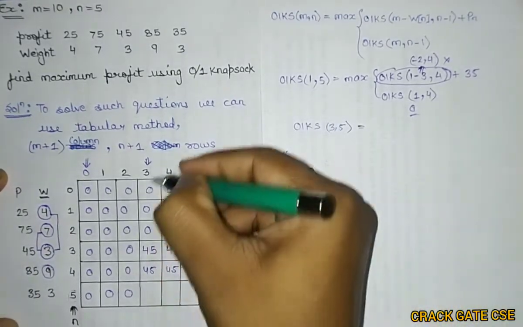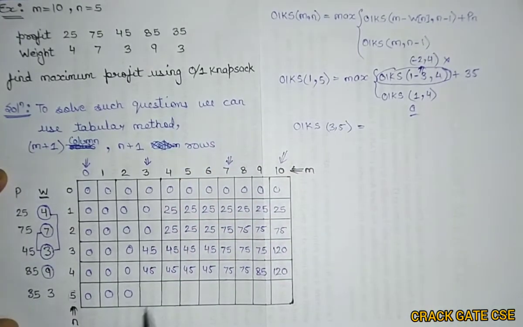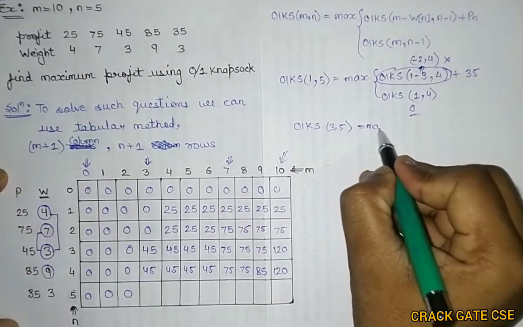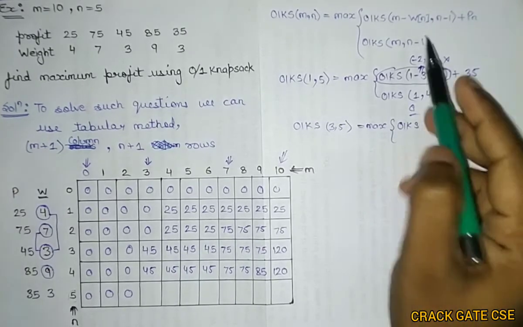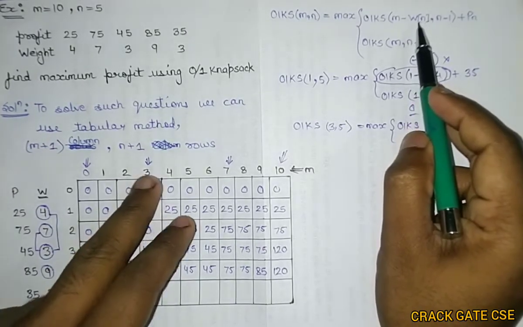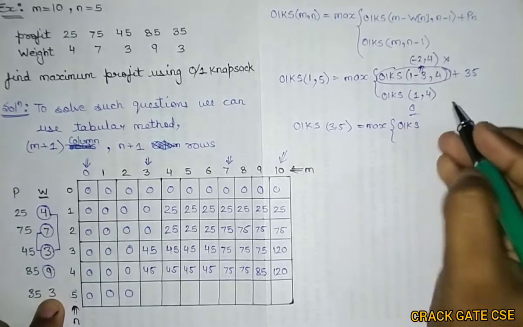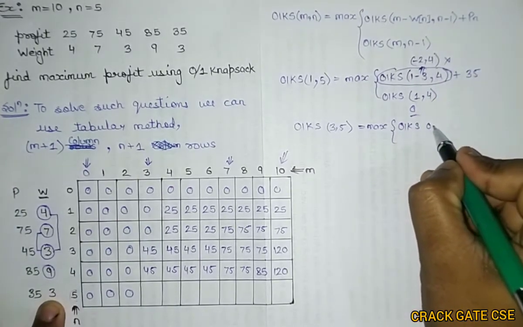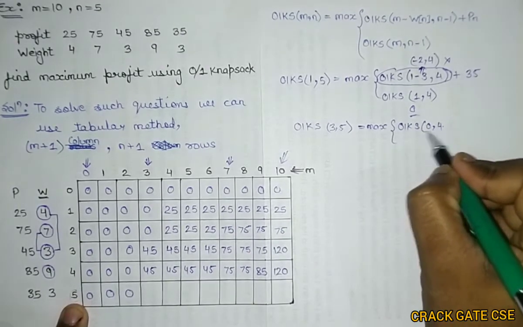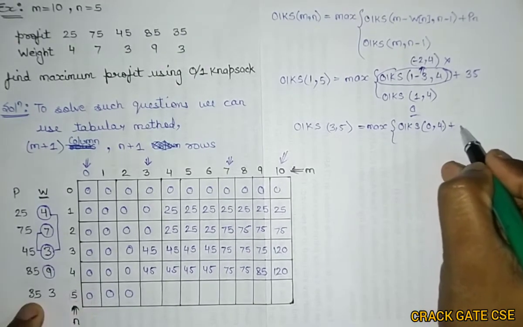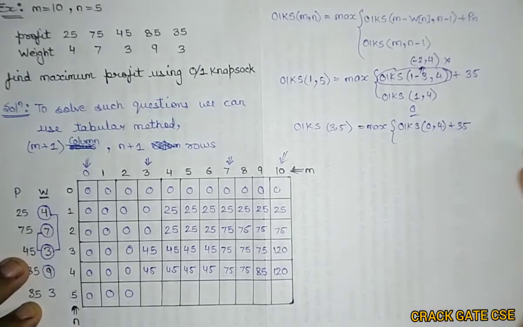Now if I want to check the value for 3 comma 5, if I want to update the field value for this 3 comma 5, what will it be? It will be maximum of 0 by 1 knapsack m minus weight of n. So m is 3, weight is also 3, so 3 minus 3 will be 0, comma n minus 1, n is 5, so 4, plus profit is 35.